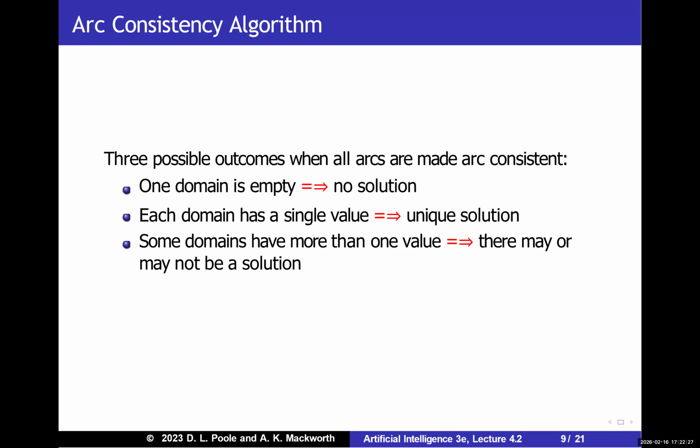If that happens, we have a unique solution. Third, some domains might still contain multiple values. In that case, the CSP may or may not have a solution. So ARC consistency has simplified the problem, but we still need a search procedure to finish the job.